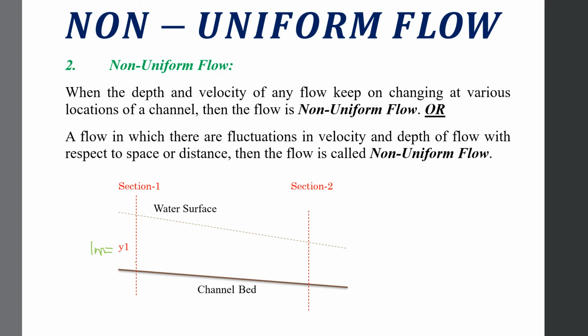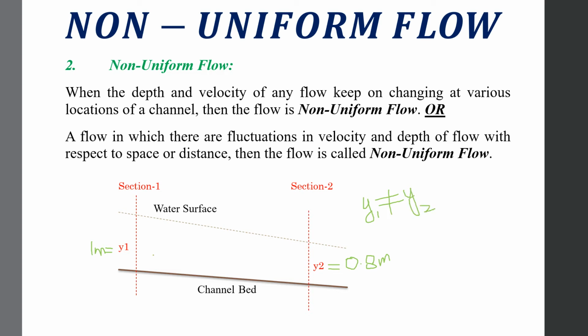Another vertical line represents section 2, and the depth of flow observed here is, suppose, 0.8 meters. So we can say here that y1 is not equal to y2.